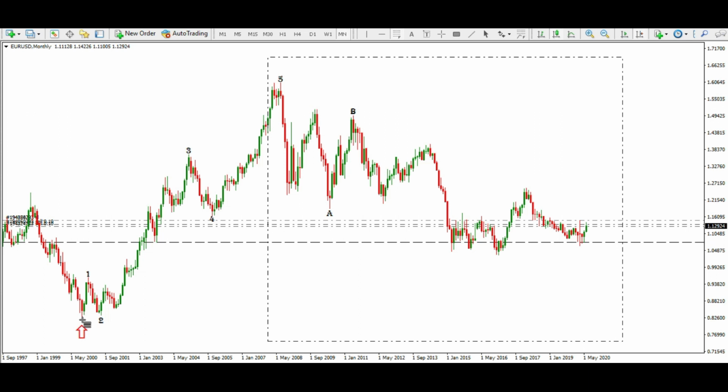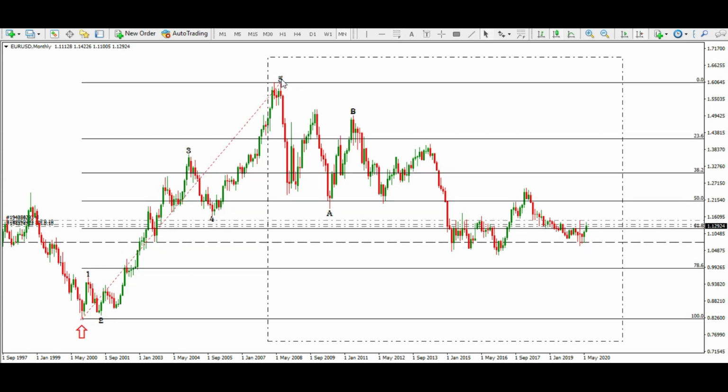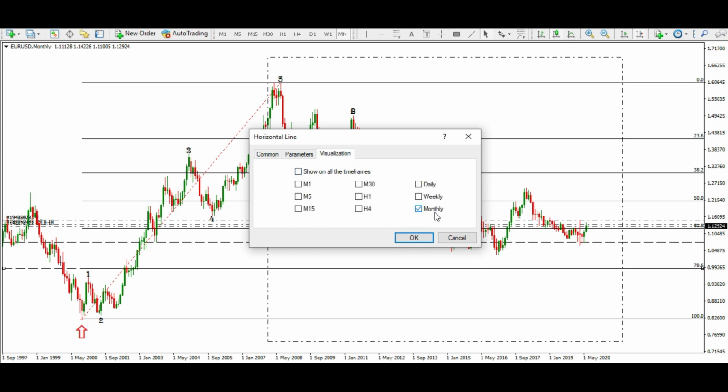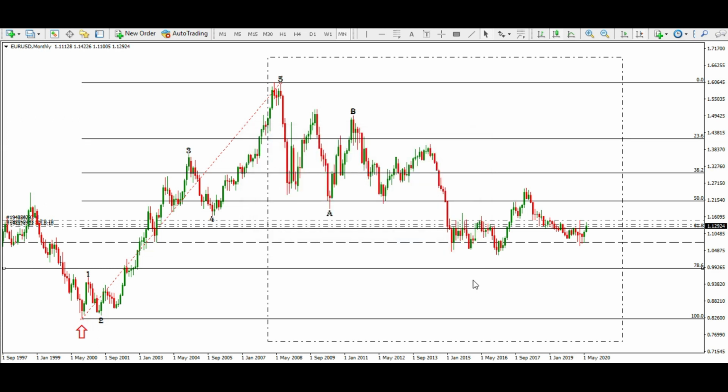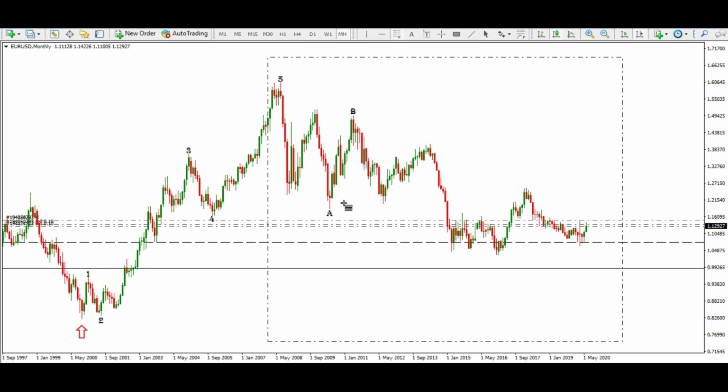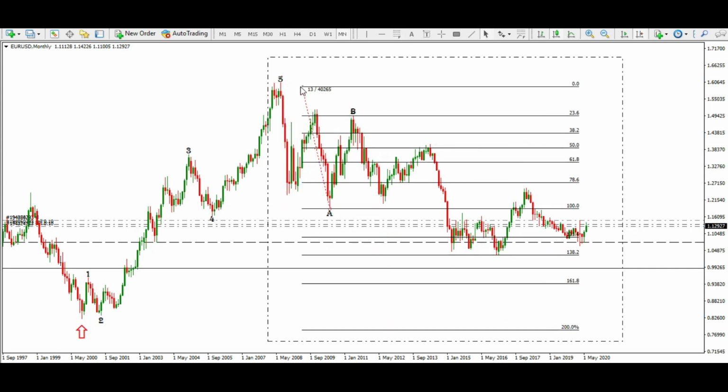Next, we draw the internal retracement using the previous bull move on this pair. And finally, we plot the external retracement using the price range of wave A black.